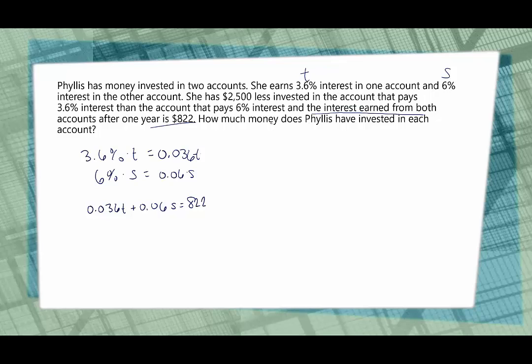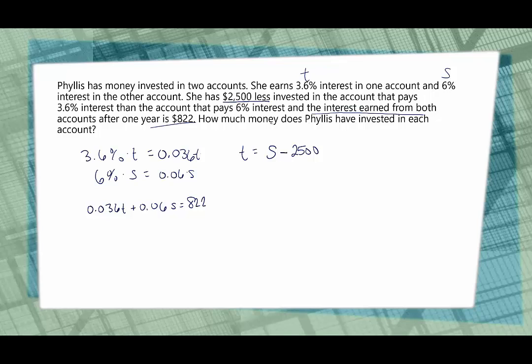Now let's go back to right here. She has $2,500 less invested in the account that pays 3.6% interest. So the account that pays 3.6% interest, she has $2,500 less. That means however much is in this S account, if we subtract $2,500 from it, that will tell us how much is in T. So just like in the previous example, we're going to use substitution.